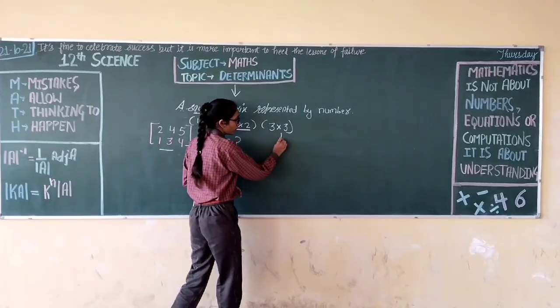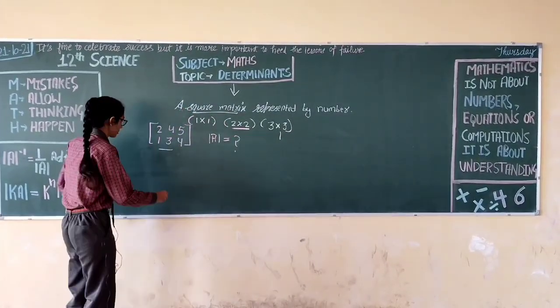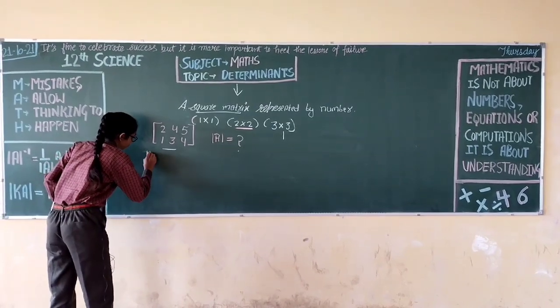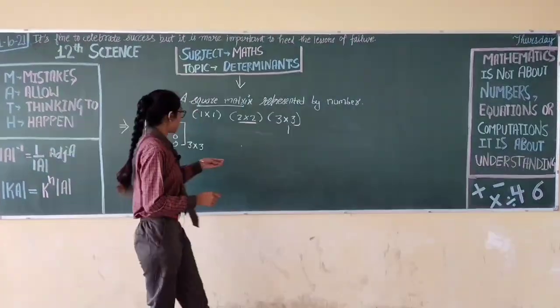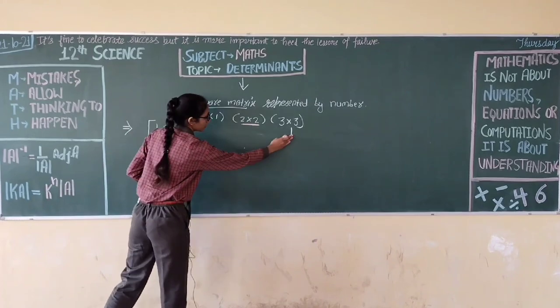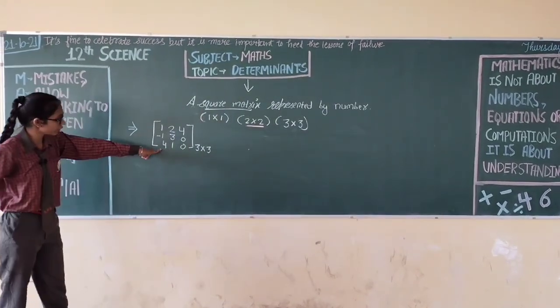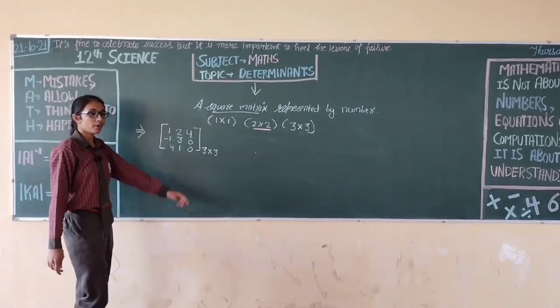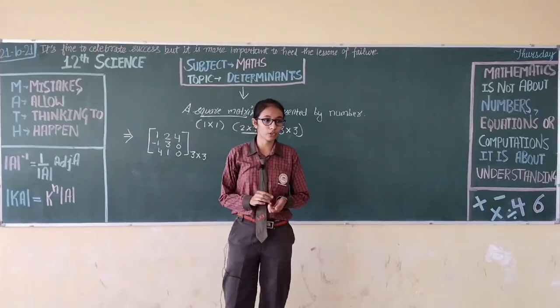Let's take an example of a 3 by 3 order matrix. This is a matrix of order 3 by 3. Then how can we find the value of the determinant of this matrix?